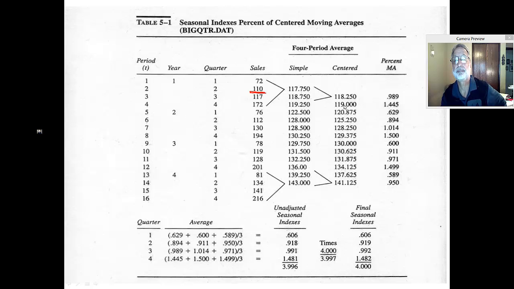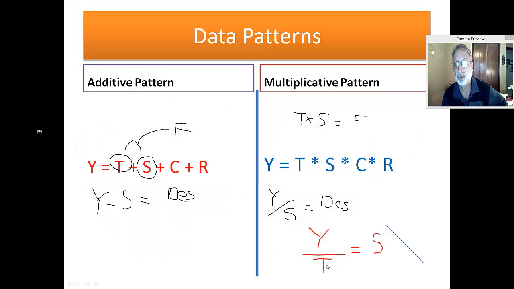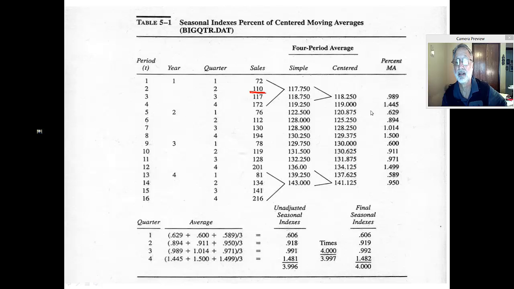Now, notice, here's my trend number for the fourth quarter of the first year. I'm going to divide it into 172. That gives me 145, roughly. What that is telling me is that relative to trend, because I'm dividing through by the trend, I'm about 45% above.